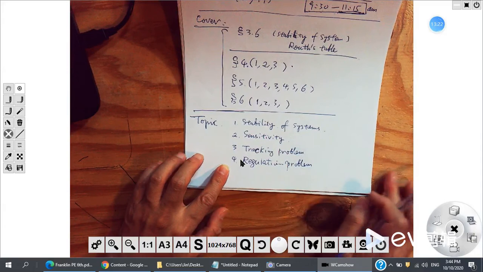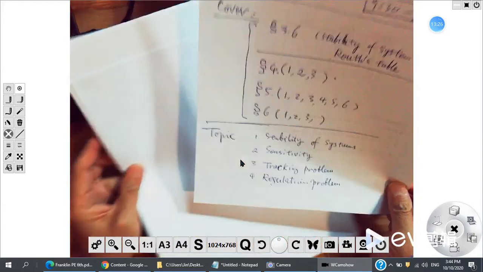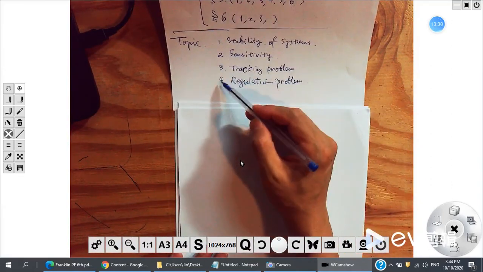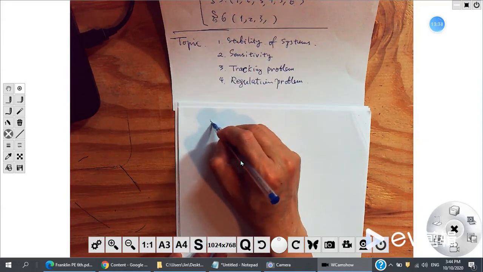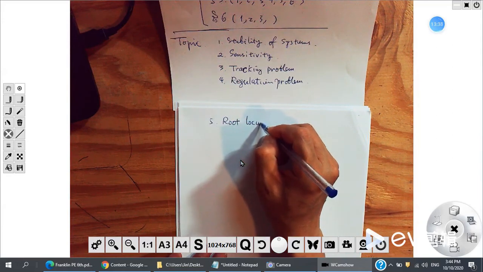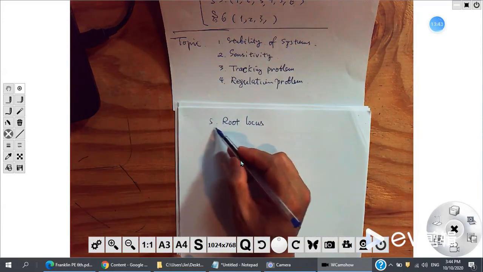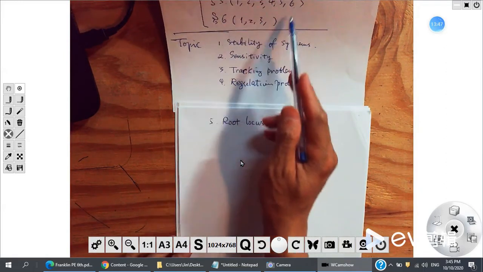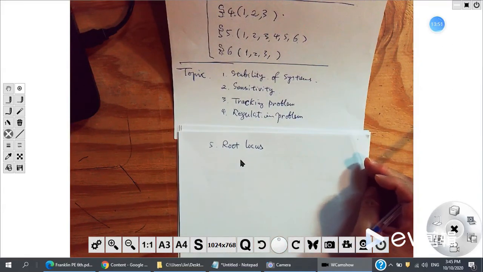Right? And 1, 2, 3, 4. Then chapter 5, this is root locus. Roughly speaking, just one topic, right? It's root locus, but we have a lot of details in this part.